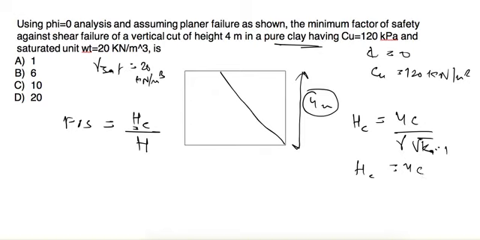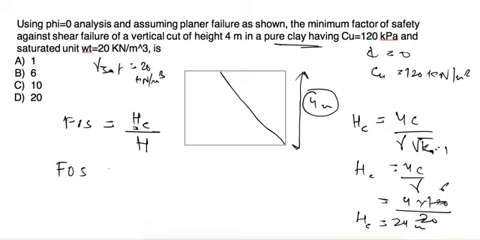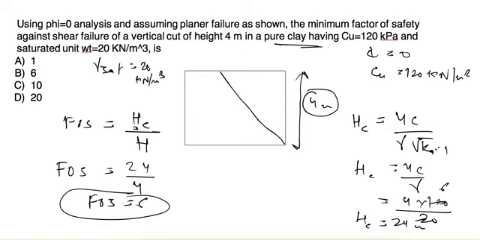Hc is equal to 4c upon gamma, which is equal to 4 into 120 upon 20. So it is 6 into 4, that is 24. So Hc is equal to 24. So from here we can find out the factor of safety as 24 upon the height of cut, which is 4. So factor of safety is equal to 6. This is the answer.